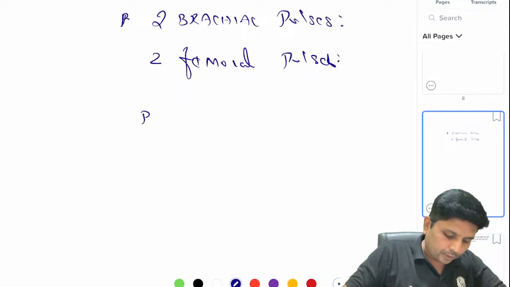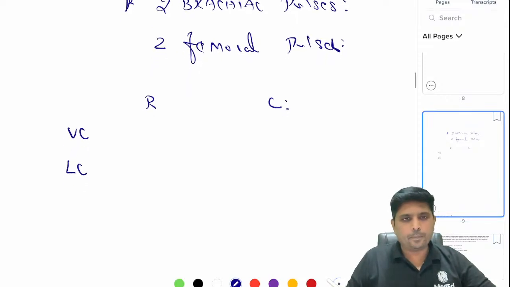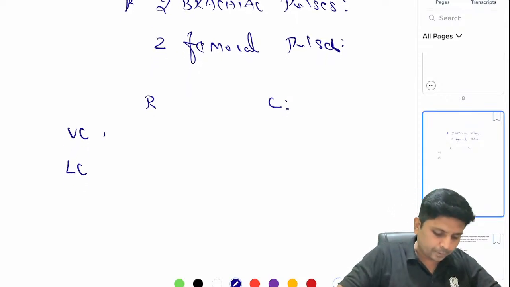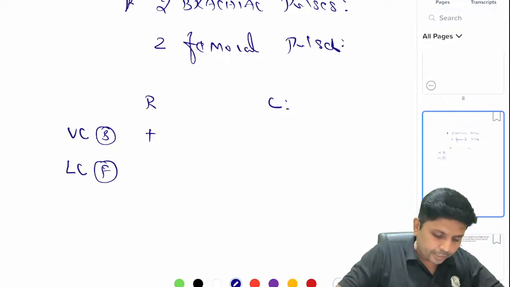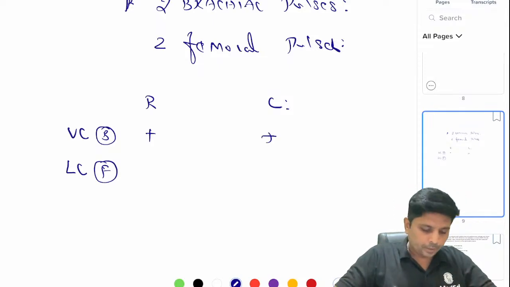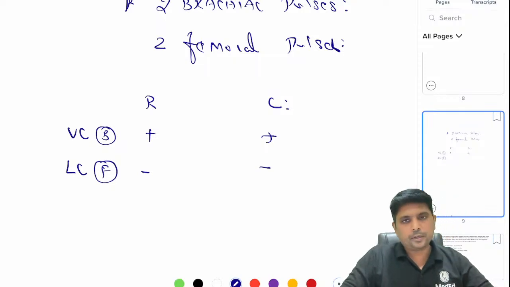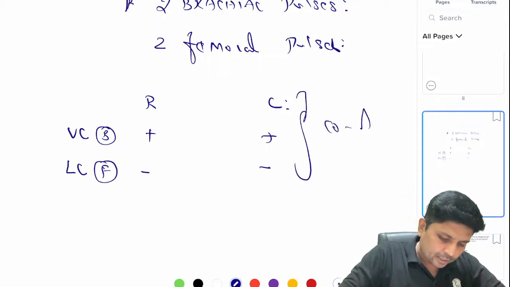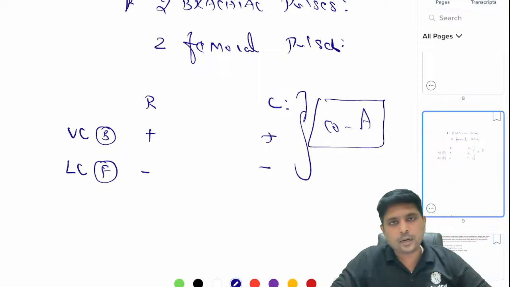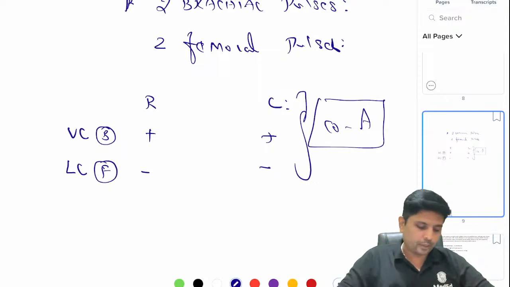So you have right and left, upper limb and lower limb. Upper limb means brachial, lower limb means femoral. When both brachials are present but the femorals are absent, this is called coarctation of the aorta.